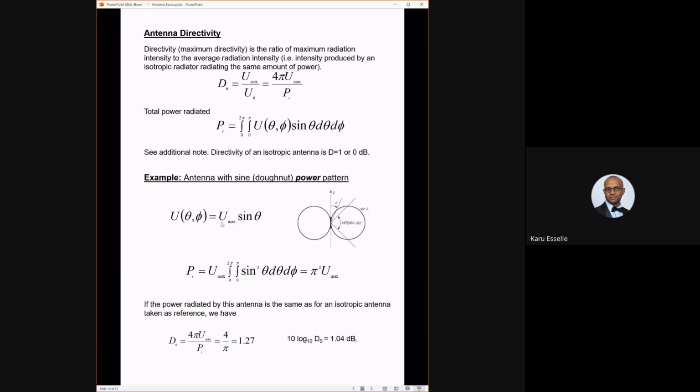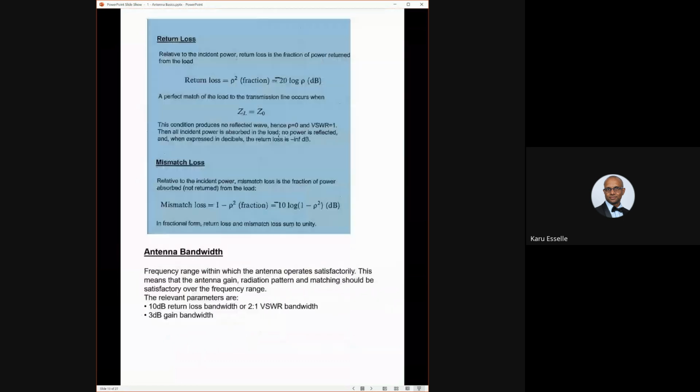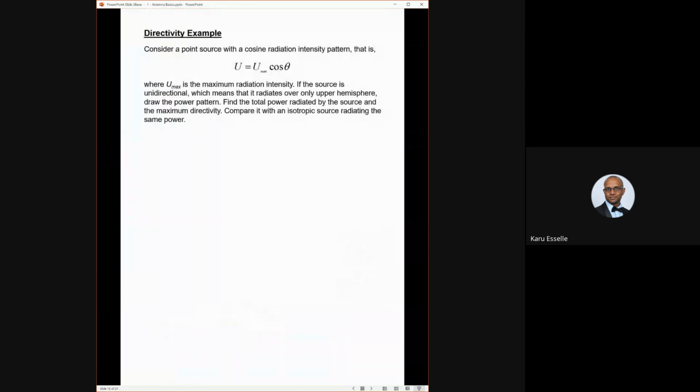This one, the radiation pattern is U max sine theta. Similarly, if the radiation pattern is given by U equals U max cos theta, you can substitute that, do the analytical integration, and find the directivity.